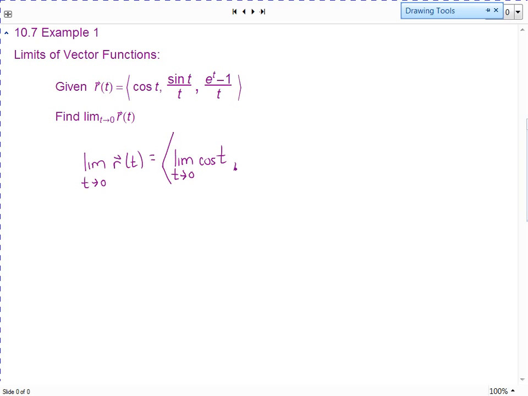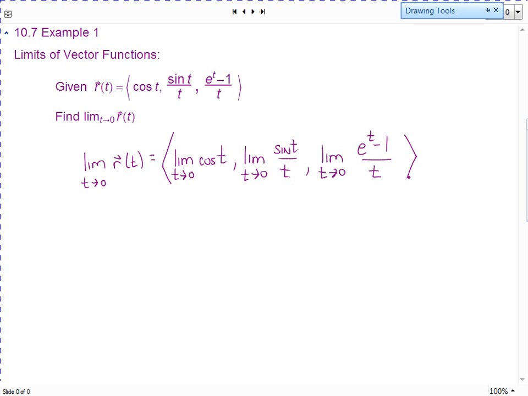That's the first component function. The limit as t approaches 0 of sine t over t. And the limit as t approaches 0 of e to the t minus 1 over t. You just take the limit of each one.